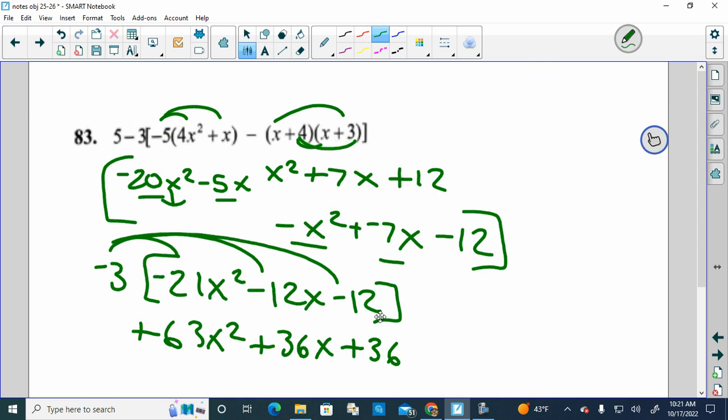Okay, what's my last step that I need to add 5? So I'm adding the 5 onto the 36 at the end, right? Okay, so it's just going to be 63x squared plus 36x plus 41. And done.